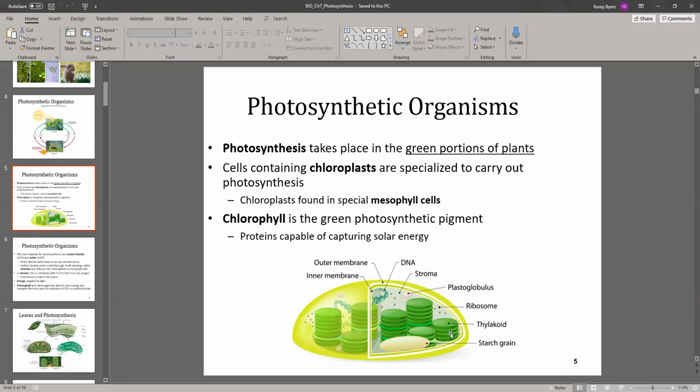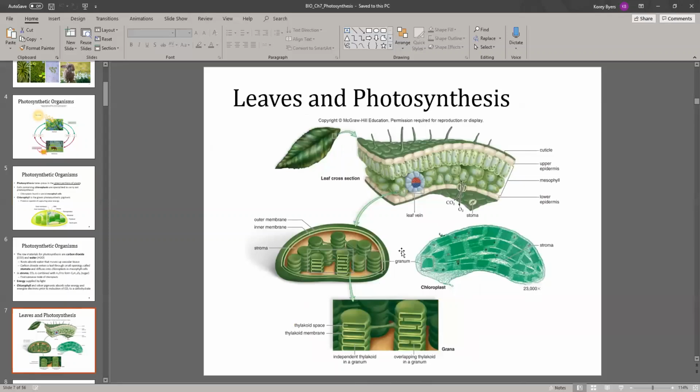Now, inside of our chloroplast, there's a lot going on inside this little endosymbiont. So let me skip down to this one. So inside of our leaves, chloroplast is where we're going to be absorbing solar energy. That's going to be happening here in these thylakoid membranes. We learned in the previous chapter that cyanobacteria are wrapped in a thylakoid membrane.